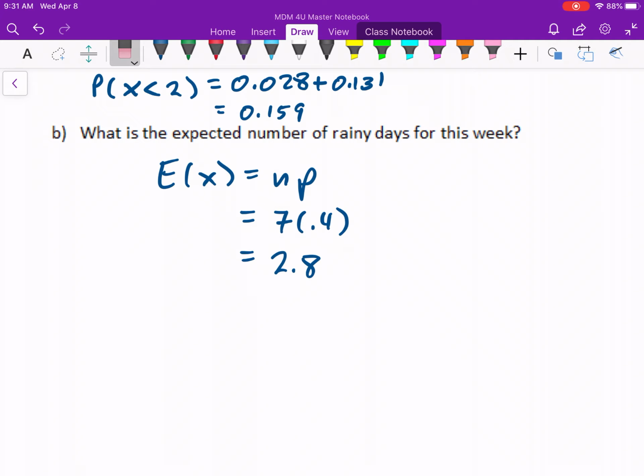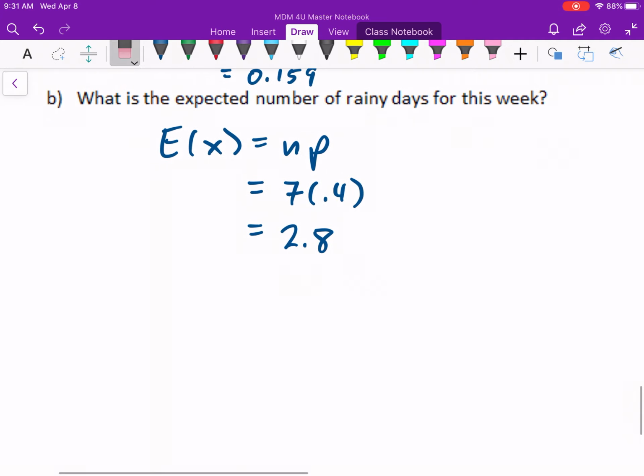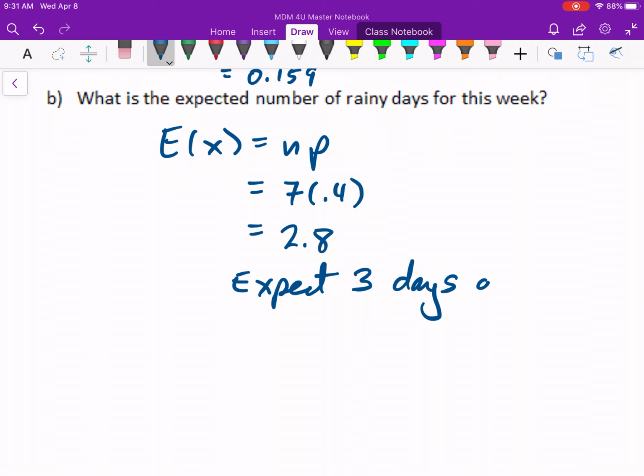Our expected value on average would be 2.8, but in this case it's asking us what's the expected number of days for this week. So if someone said to me, based on this information, how many days would you predict we're going to have rain this week? Well, then I'd round it to the nearest whole day, and I'd say we'd expect 3 days of rain this week.